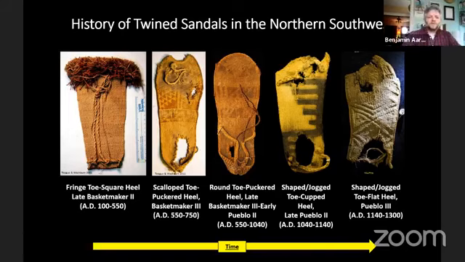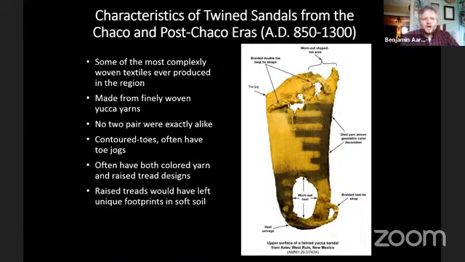You can see they did change somewhat over time. They had basically the same construction techniques, more or less, but especially their toe and heel shapes definitely changed a lot over this time period. I won't go into that too much because I really want to focus on the Chaco and post-Chaco eras.